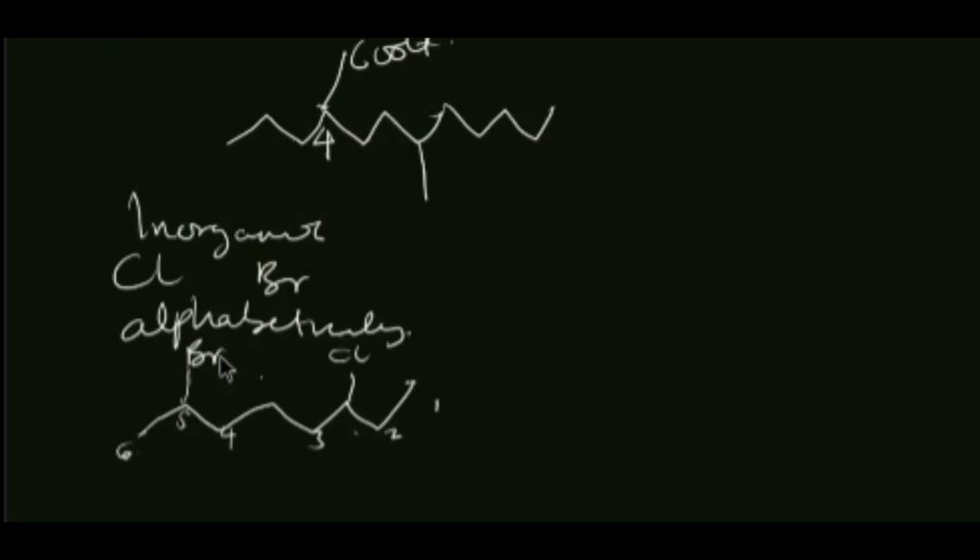But bromine will come first before chlorine. So instead of counting it this way, you start 1, 2, 3, 4, 5, 6, so that bromine will take the least number possible because it is coming first. So that it becomes 2 bromo. This is another rule. So take note of how I'm taking you through the rules for naming.